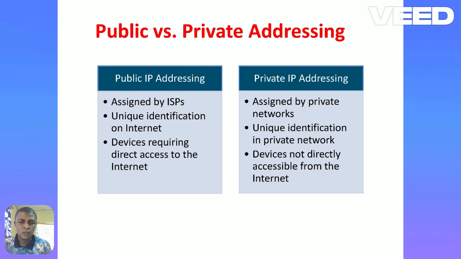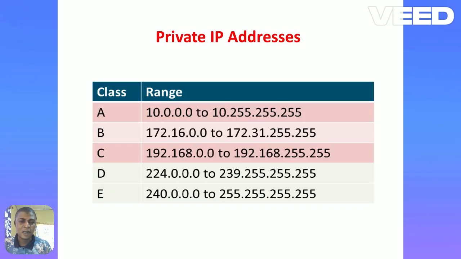The work of the public IP address is to connect straight up to the internet. Now we have the private IP address, assigned by the private network, a unique identification on a private network. So devices are not directly accessible from the internet, but can use it within your local area network.